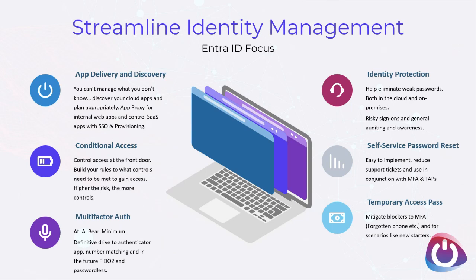Enabling users to self-service password reset, which will actually sync back to on-prem. And having those elements for disasters, making sure you've got things like temporary access passes, you've got your conditional access policies backed up. So there's a lot of elements that you can align to streamline your identity environment.